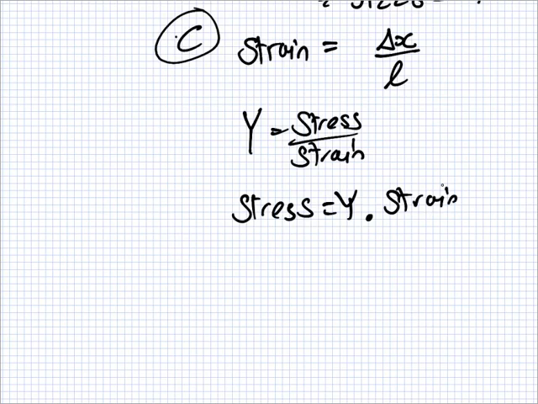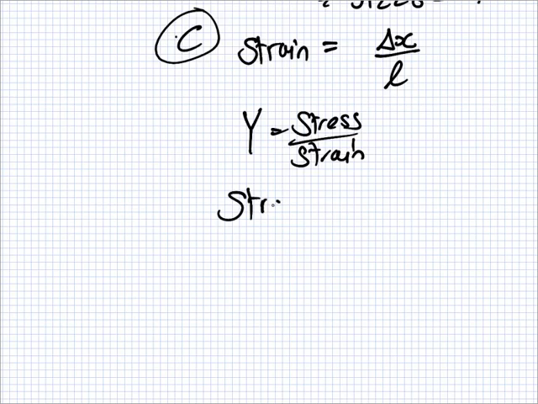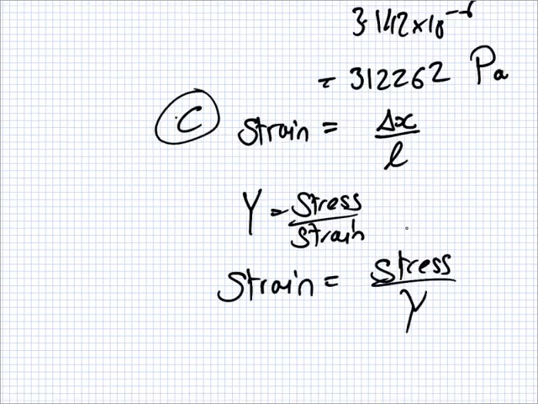Sorry, no, that's not what I meant. I meant to say strain is stress divided by Young's modulus. Now, what is Young's modulus for copper? What's it for copper? In the table. 117 times 10 to the 9.